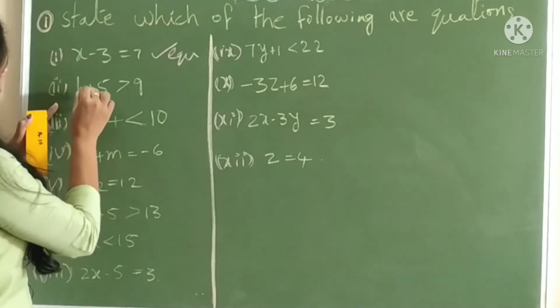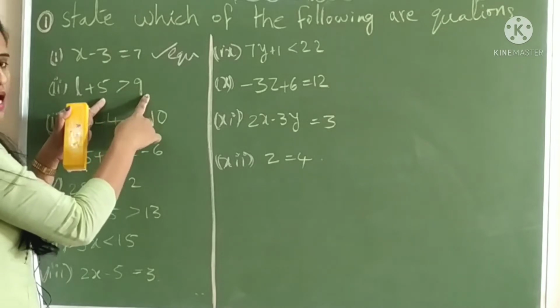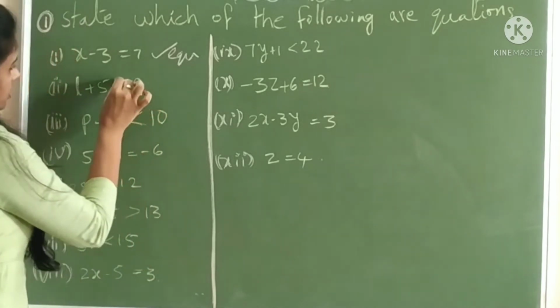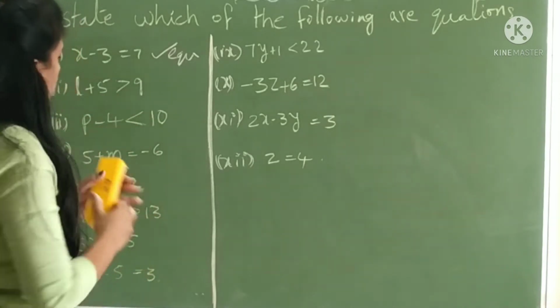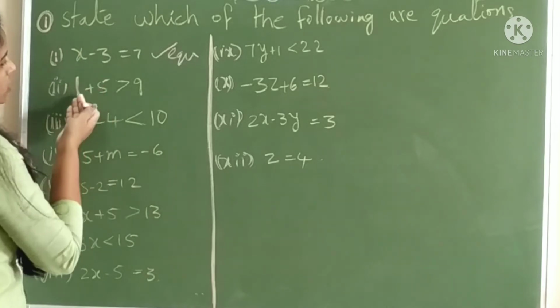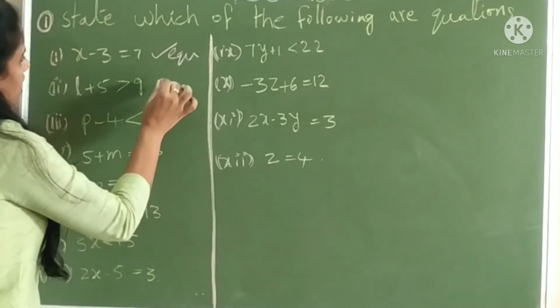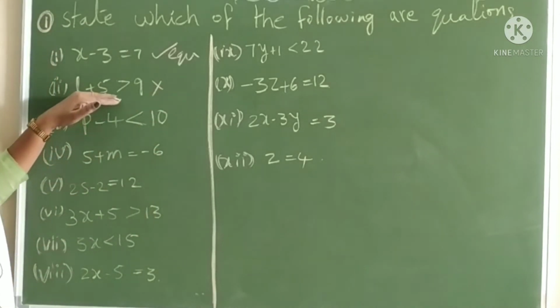Second one. Suppose l plus 5 is greater than 9. Is it an equation? No. This has no equal sign, only greater than. We don't know whether the two expressions are equal or not, so this is not an equation.